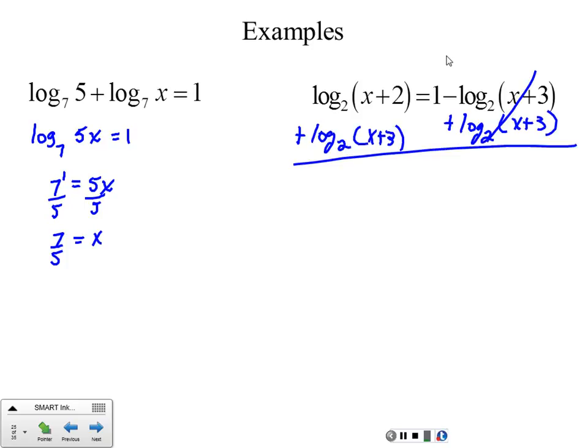So I guess my question would be is, can I add these two together? And get what? What would you get?